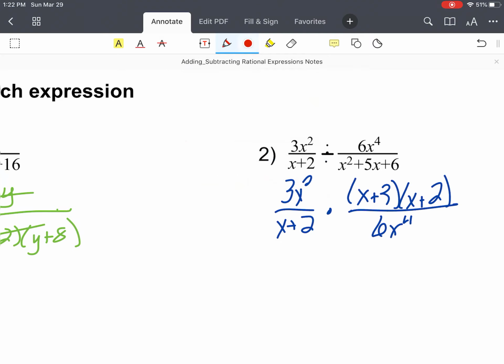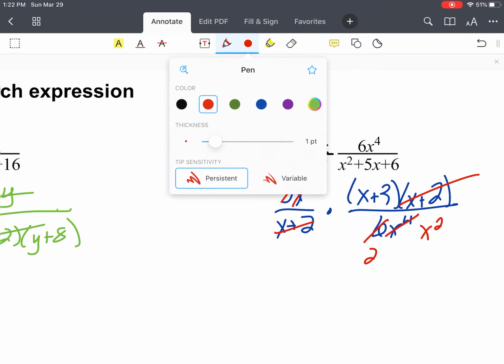Alright, so now let's see what happens. I've got an x squared up here. That's going to take away 2 of those and leave me with an x squared on bottom. I have an x plus 2, I have an x plus 2. And I have a 3 and a 6, it's going to leave a 2.